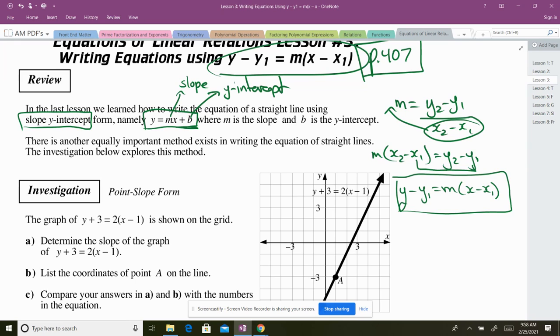It's not -1, it's not a half, it's not 2, 3, whatever. In this case, the highest exponent is 1, because there's no exponents written. We know it's linear. This is called the point-slope equation of a line, where the point is x1, y1.